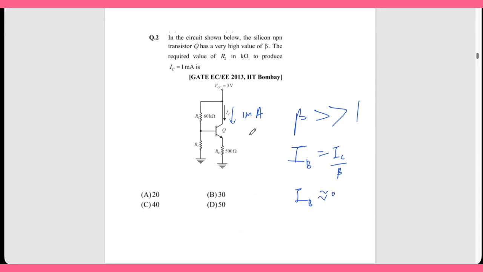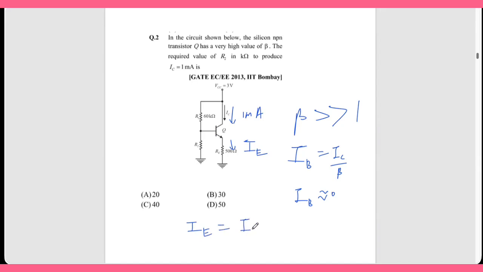Now we are asked to find out what should be R2, so that in this circuit we have to find what is R2. Now IC is 1 milliamp. This current is IE.